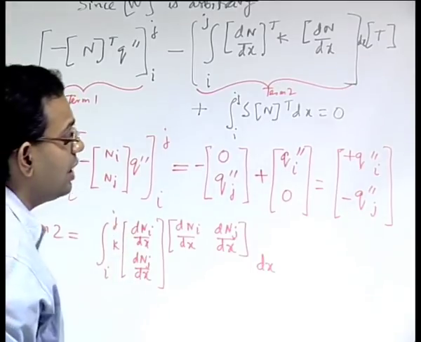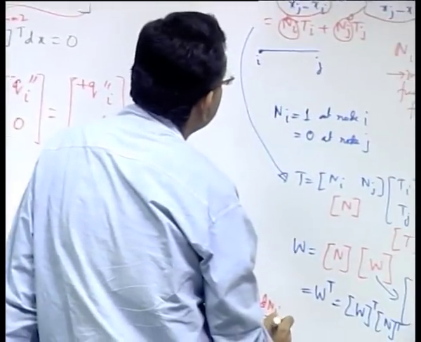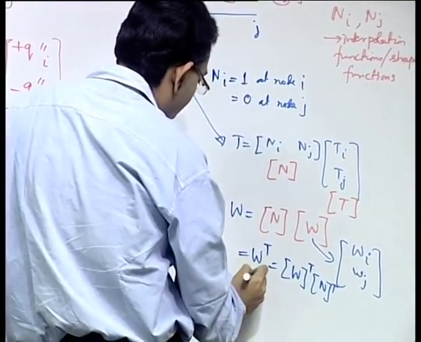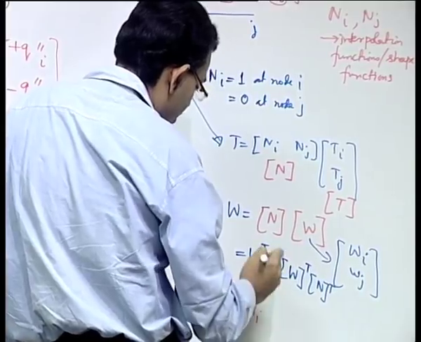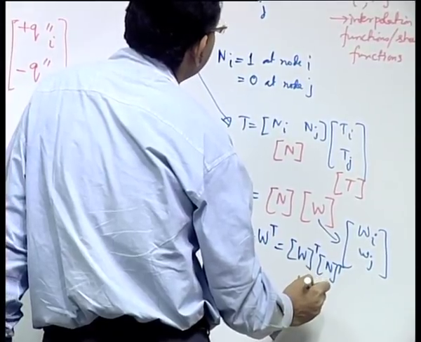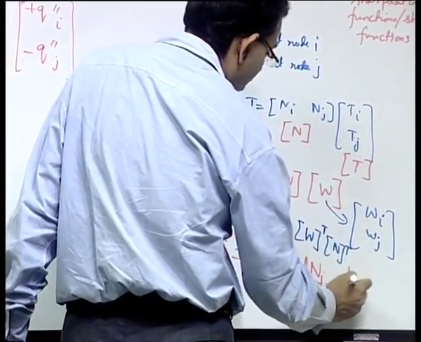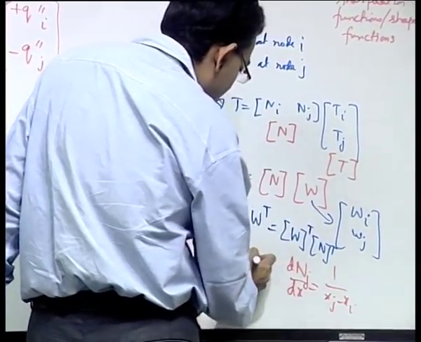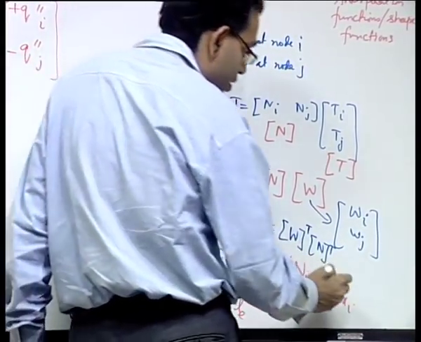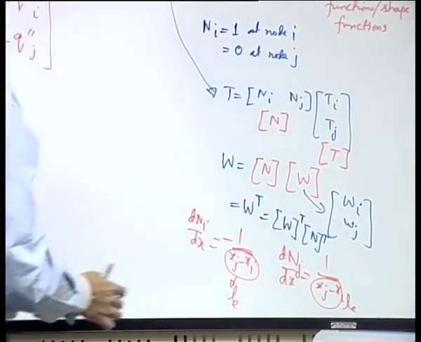So what is dNi dx? So dNi dx is minus 1 by xj minus xi, and dNj dx is 1 by xj minus xi. xj minus xi is nothing but the length of each element, the difference between the x coordinates of the two ends. So this is minus 1 by Le, this is 1 by Le.